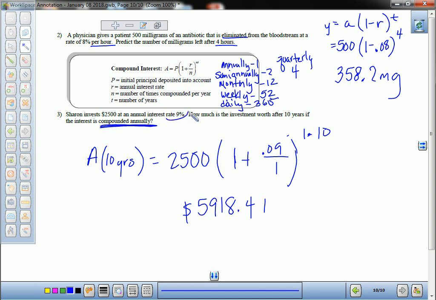Now, an interest rate of 9% is currently unheard of. I think I make maybe 1/4% on my savings account right now, 0.25%. It would be lovely if I could find this type of interest rate, but it currently doesn't exist.